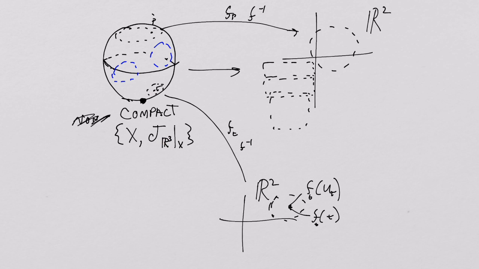But that one I can't map to R2, because if I could, then it would be a homeomorphism of the total sphere. The distinction might be that the total set of the sphere is more than just open, it's clopen, right? It's also closed. So the fact that it's closed and open could very well be the distinction that prevents it from being mapped.